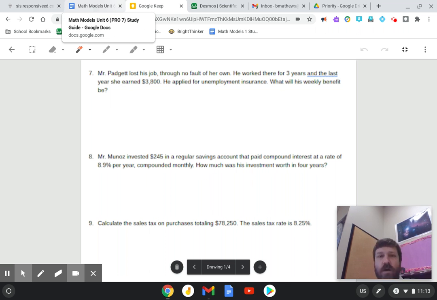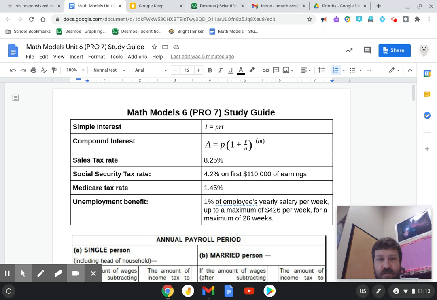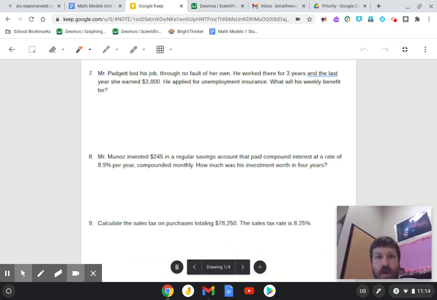All right, so we're going to do the unemployment. If you remember these, the unemployment insurance is calculated as a percentage. And it says here it's 1% of the employee's yearly salary per week up to $426 per week. So we need to calculate 1%. He worked there for 3 years, and last year he earned $3,800.